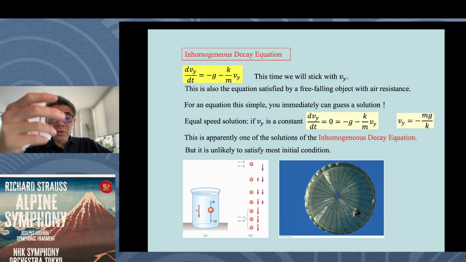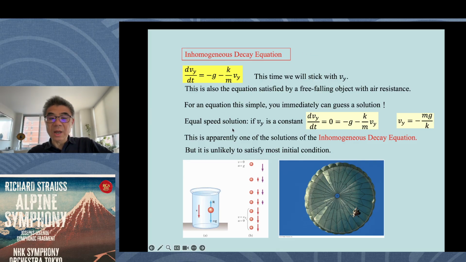Therefore, this equal speed, even though it is one of the solutions, could not be the most general solution we are going to use. But this equal speed solution will come back at the end of our work. So remember, there is something called equal speed solution here.